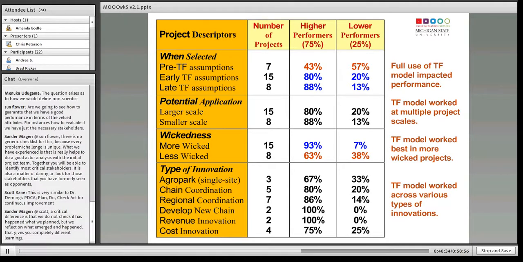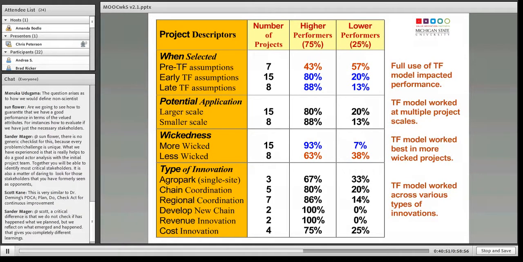Well, again, the numbers we have here don't support that at all. In fact, both larger scale and smaller scale projects can benefit from utilizing the Transforum model.